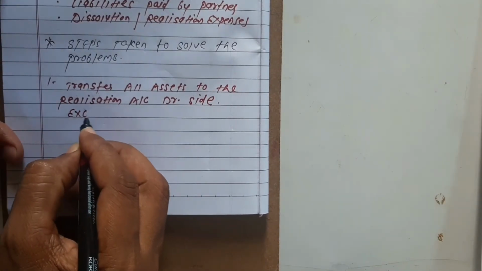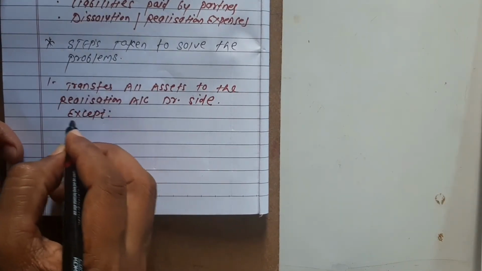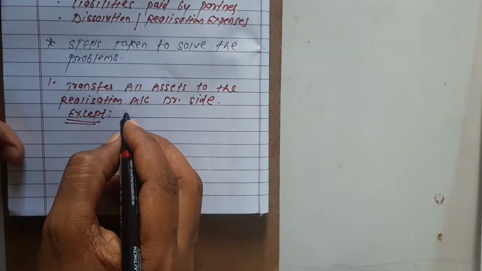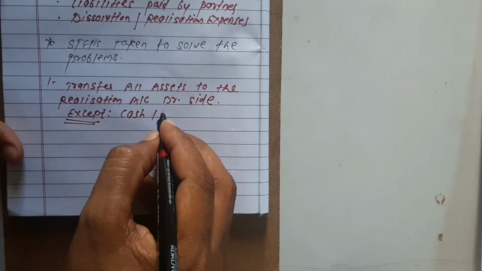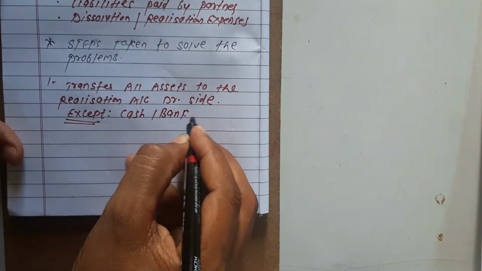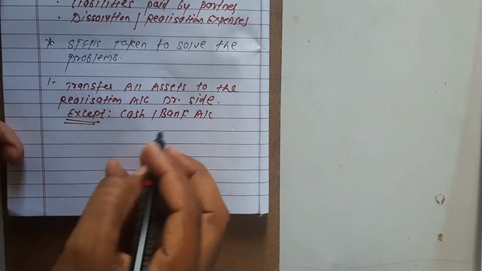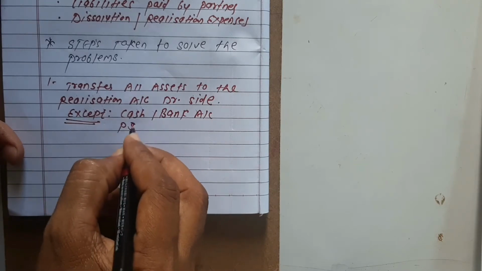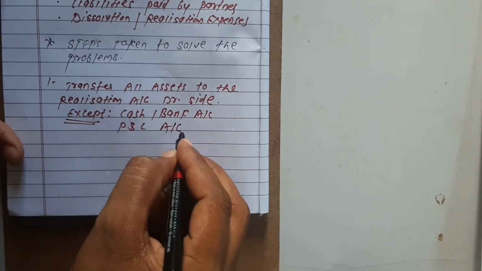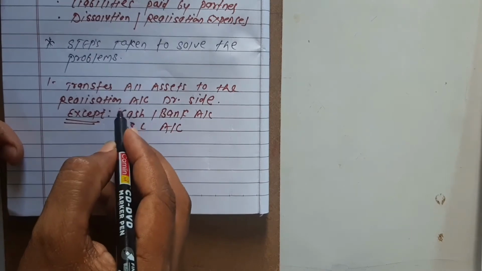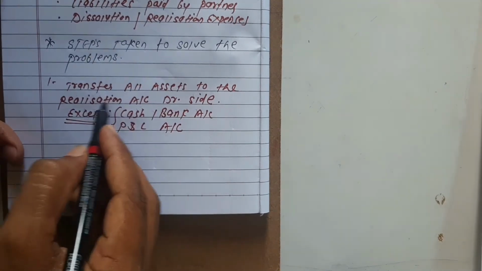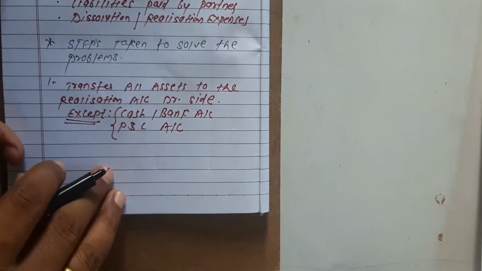I write here except, means leaving this thing. What thing? Cash or bank account. Cash or bank account is not to be shown on the realization account debit side, and profit and loss account if given on asset side. So these things are not to be recorded on the realization account debit side.